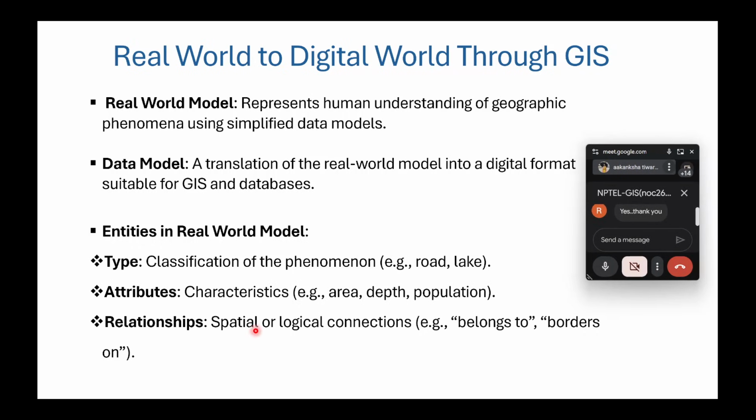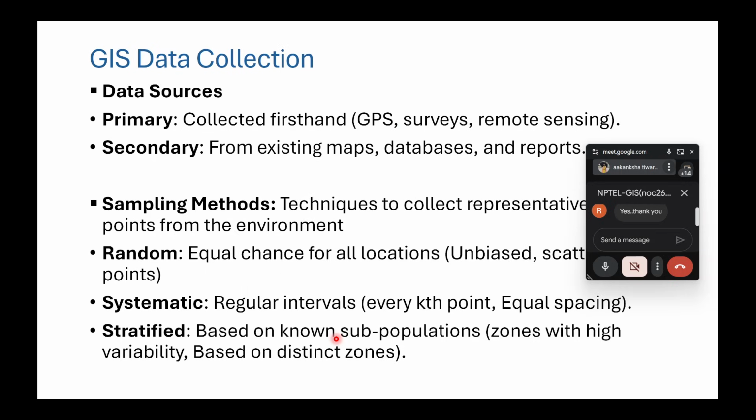So attribute is basically the characteristics of the entity we are looking at. And then there is relationship, which defines the connections between two different entities. Okay, so this is called relationships.